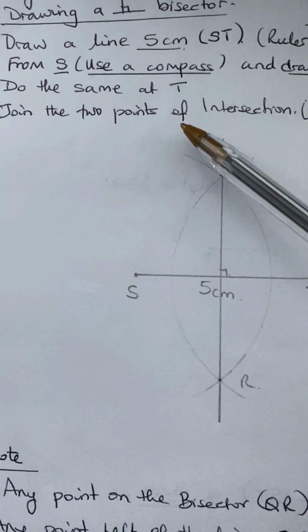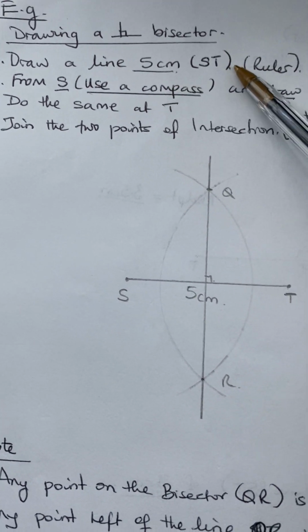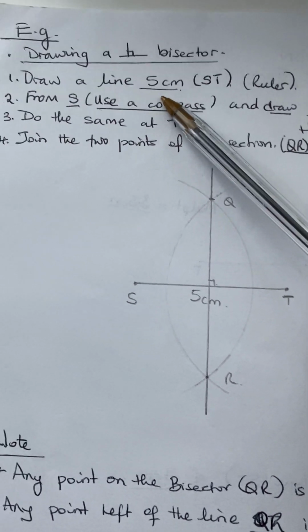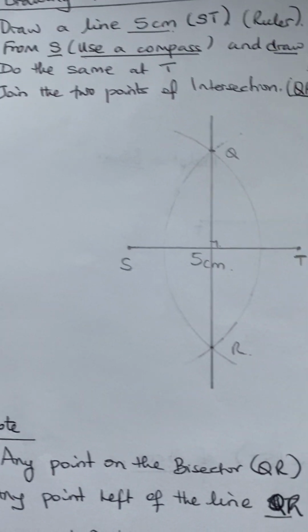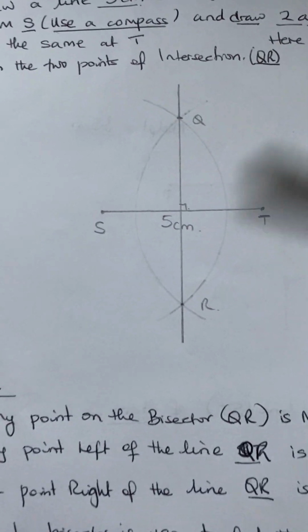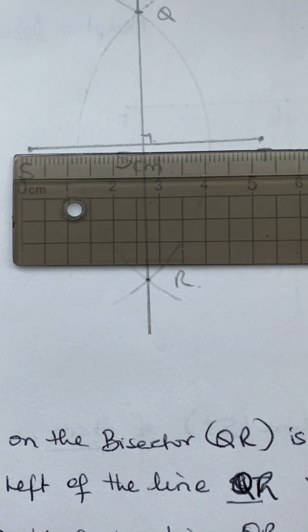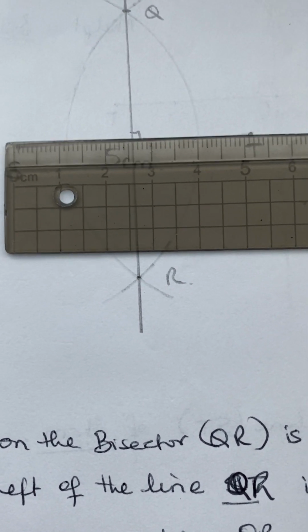First you draw the line, 5 centimeters. You are supposed to bisect the line 5 centimeters. So you use your ruler and then you draw the line 5 centimeters here.